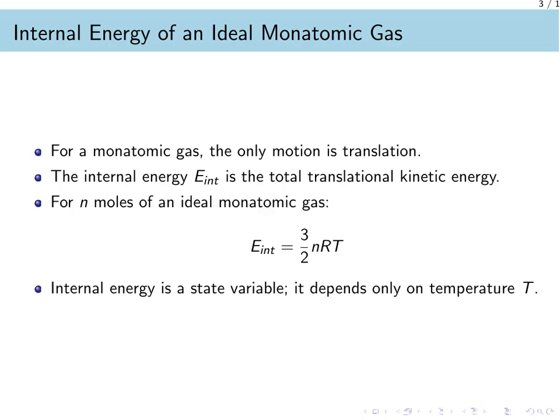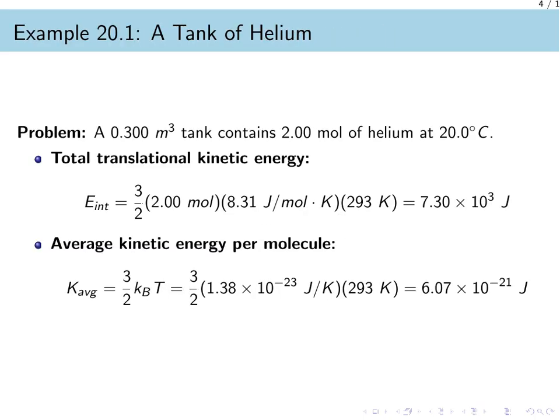An important takeaway here is that internal energy is a state variable, meaning its value depends only on the current temperature of the gas, regardless of how it reached that state. To illustrate this, consider a tank with a volume of 0.300 cubic meters containing 2 moles of helium at 20 degrees Celsius.